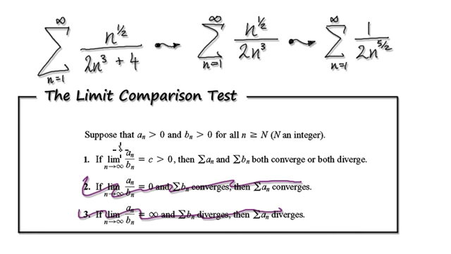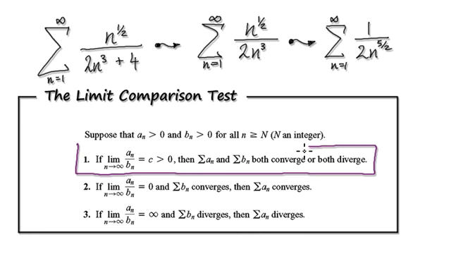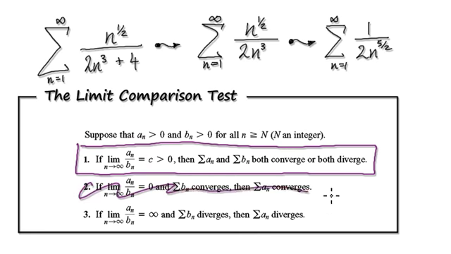Well, the 1 here is greater than 0. So we should think about this scenario here, because we just computed this value, and it equals 1, which is bigger than 0. So this is our scenario. We can forget about the others.